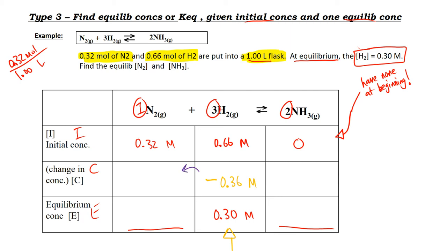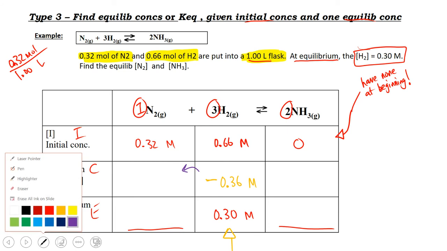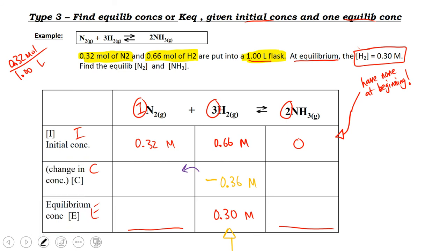So now I can jump over to one of these other changes here. Here's where you've got to be very careful with your mole ratios. Looking at the reaction above, I'm just going to highlight this, we have a 1:3 ratio for my nitrogen and hydrogen.